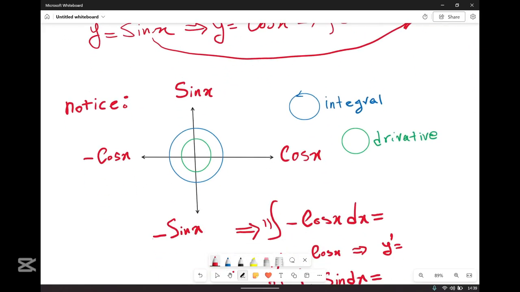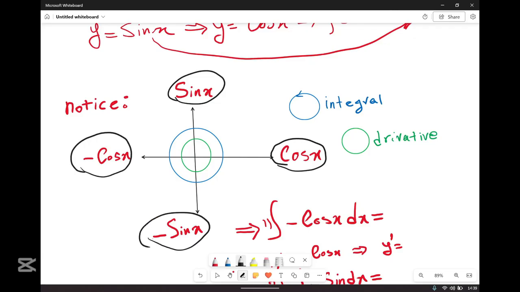Here is a so important notice. Consider that we have cosine, sine, minus cosine, and minus sine. If you calculate integration, you must go counterclockwise. If you calculate the derivative, you must turn clockwise.